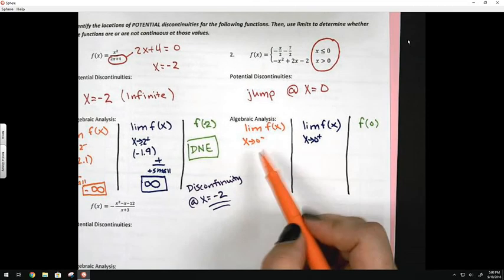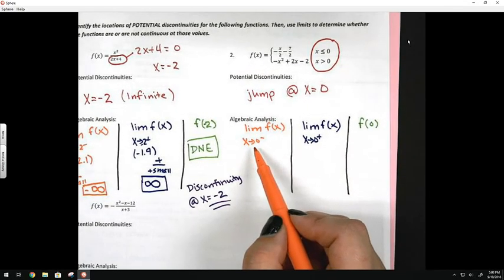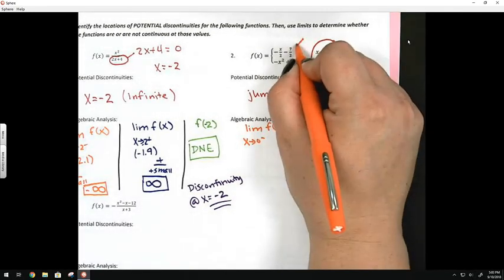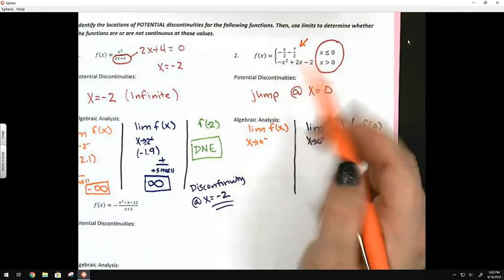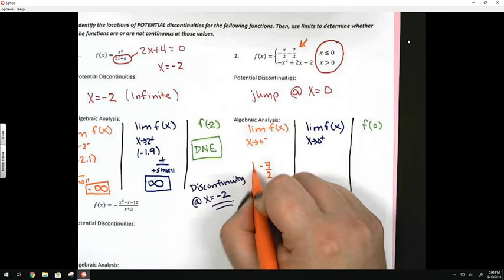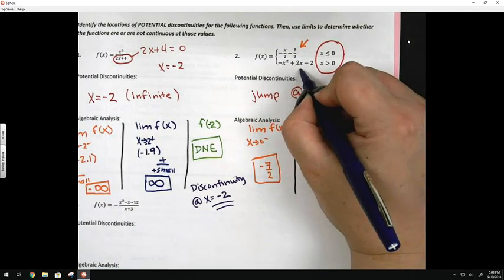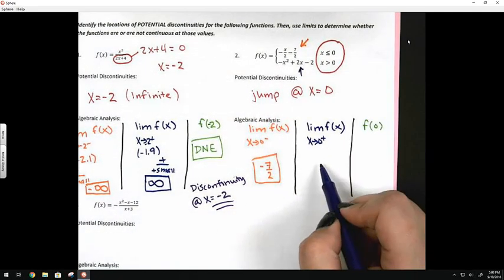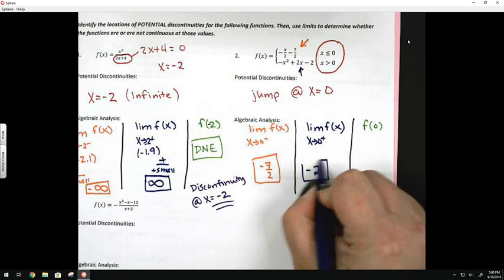So if I want to do x approaches 0 from the left, well, that means x is less than or equal to 0. That's going to be plugging it into the top function, which means if I plug that in there, I would get -7 over 2. So the limit from the left is -7 over 2. To get my limit from the right, I'm going to be plugging it into the bottom function, which means -0 plus 0 minus 2, so -2.